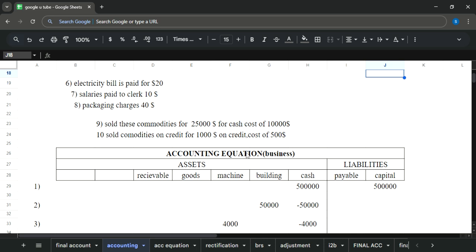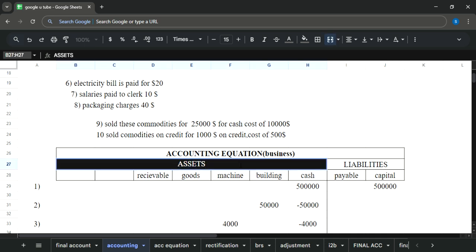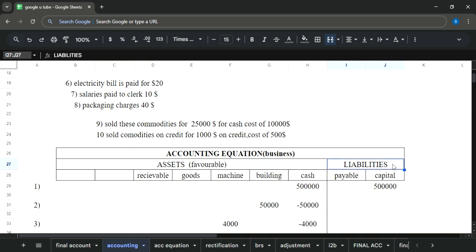One side we have considered as our favorable elements. You may write over here, these are actually favorable elements of the business, and these are unfavorable elements of the business. So all favorables are exactly equal to all unfavorable things in the business.